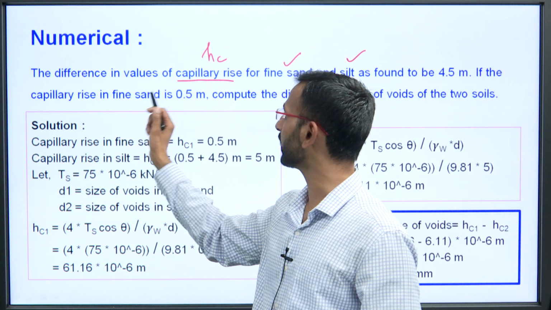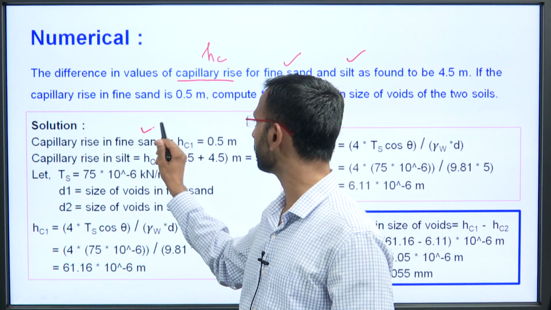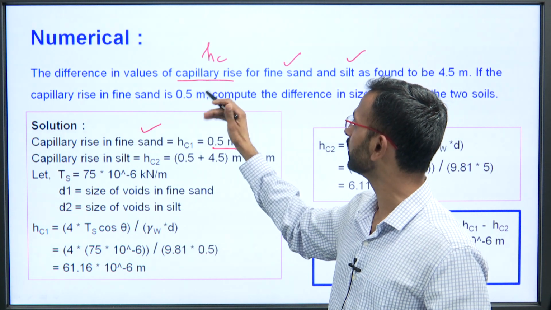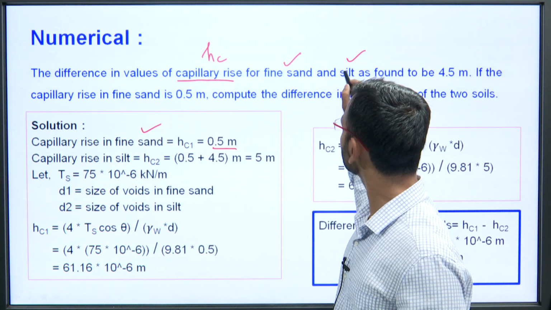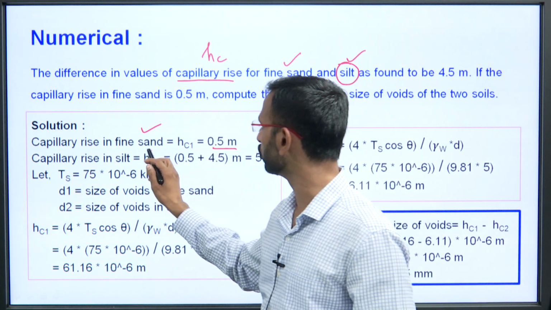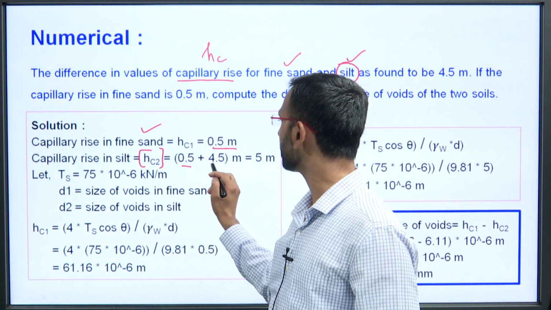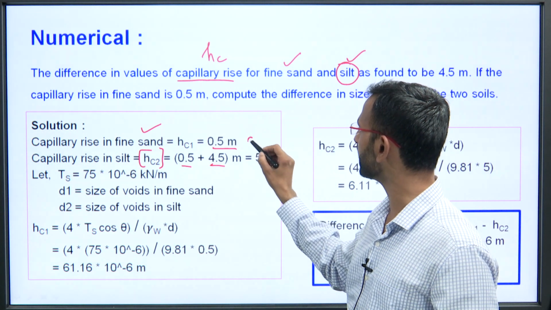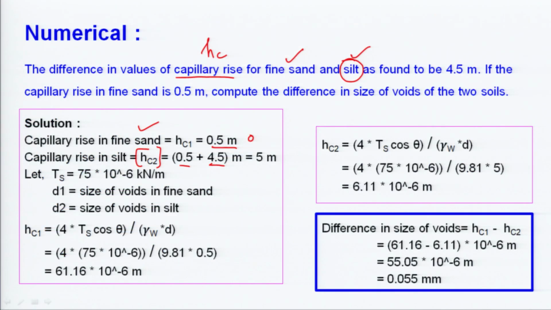So, the HC value for fine sand that you have taken here is equal to 0.5 meter, and the difference in the capillary rise is given. So, you can easily find out the silt value also, HC2, that is equal to 0.5 plus 4.5 meter, that is the difference. So, the capillary rise is 0.5 meter for fine sand and for silt it is 5 meters.